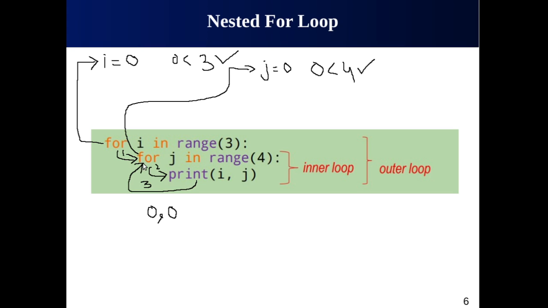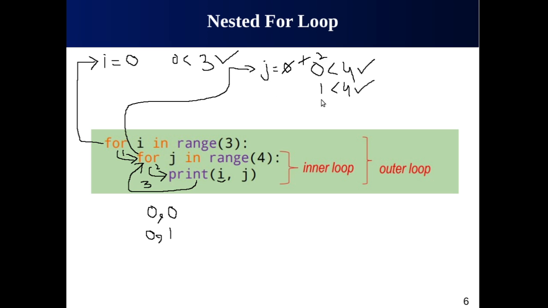So go back to the inner loop, increment the value of j by 1. Now the new value of j is 1. Check the condition. 1 is less than 4. Yes, the condition is true. So we have to execute this statement again. Now remember, the value of i is the same, that is 0, but now the current value of j is 1. It will display 0 and 1, and again go back to the inner loop and increment the value of j by 1.